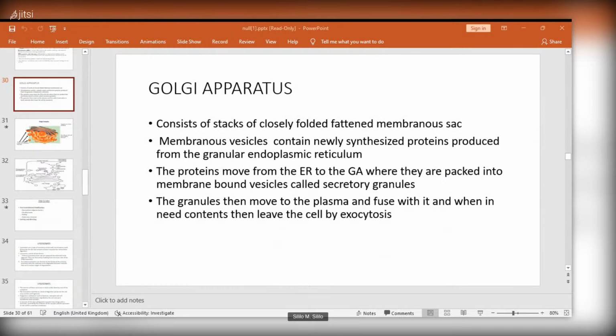When they reach their destination, which is mainly your cell membrane, they will fuse there and leave the Golgi apparatus by exocytosis. Remember, we have two types of proteins on the cell membrane: peripheral proteins and integral proteins. Some of those being taken as integral proteins are going to leave the cell by exocytosis.